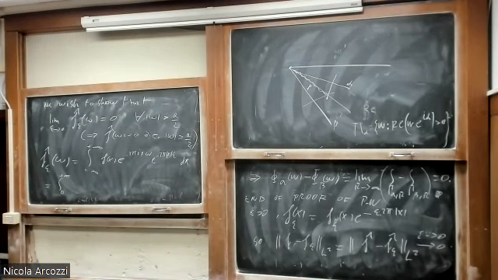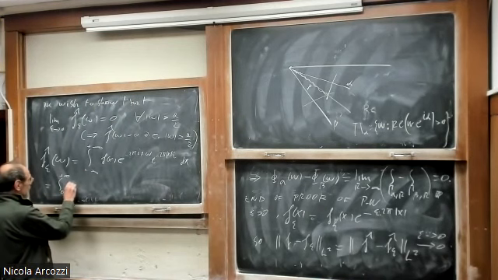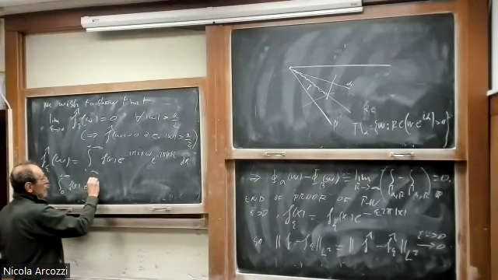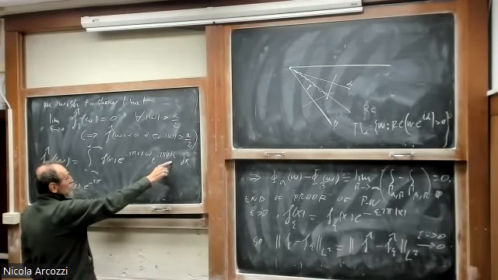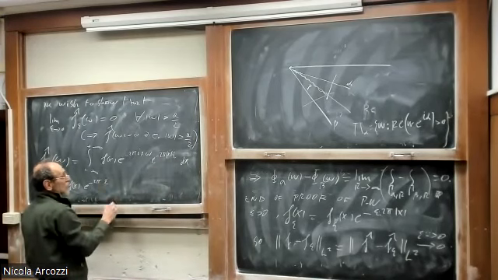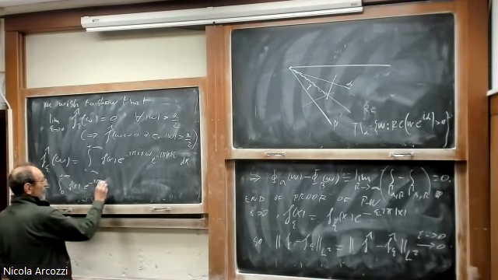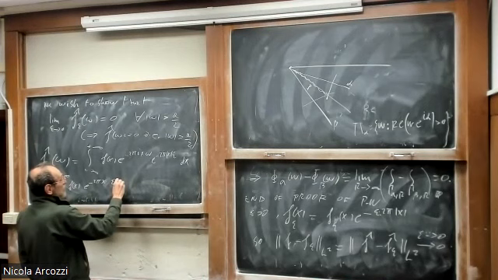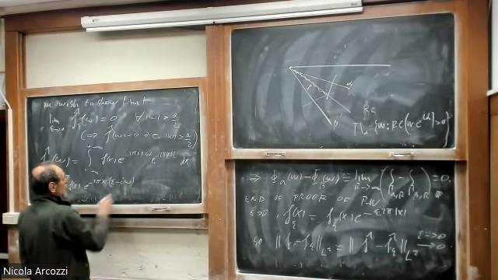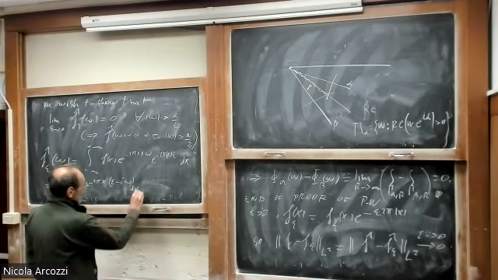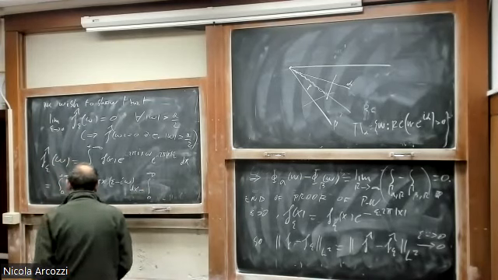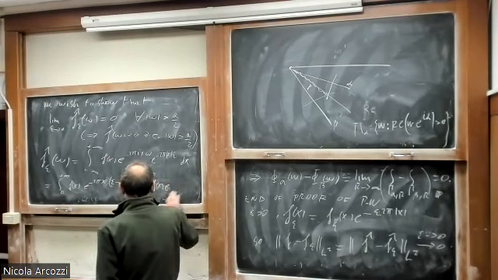Of f of x times e to the minus 2πi epsilon, minus i omega x, minus the integral over the negative part of f of minus x.